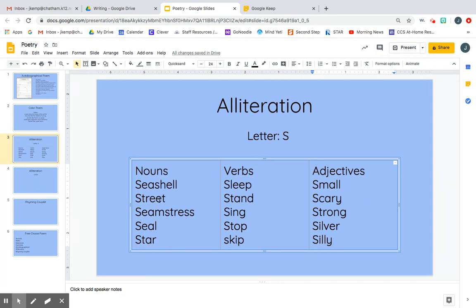So I'm going to choose one or two nouns, a verb, and one or two adjectives to make my alliteration sentences.